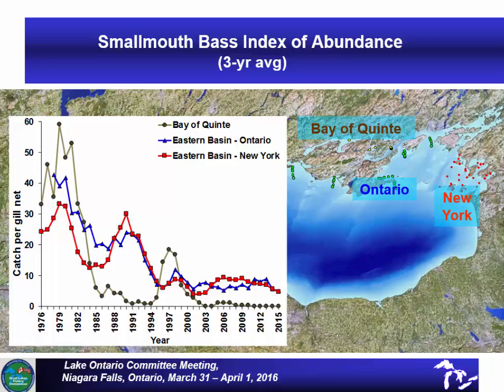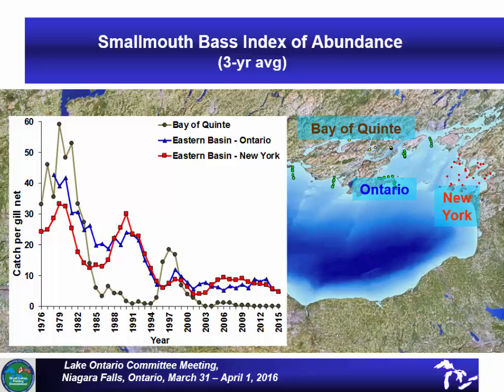But if you focus on the blue line, which is Ontario's Eastern Outlet Basin, and the red line, which is New York's Eastern Basin data, for several years now, we've been at this lower, relatively stable level of catches of smallmouth bass. We attribute this reduced level of CUEs to ecosystem changes. We know we've had lower lake productivity. Dreissenids came into the system, increasing water clarity.